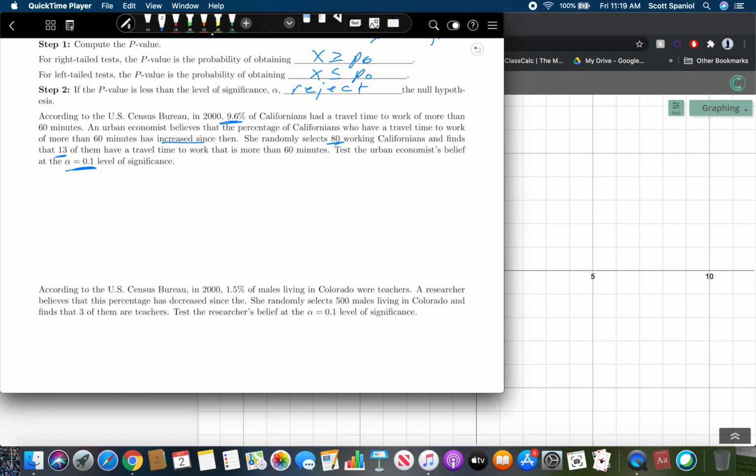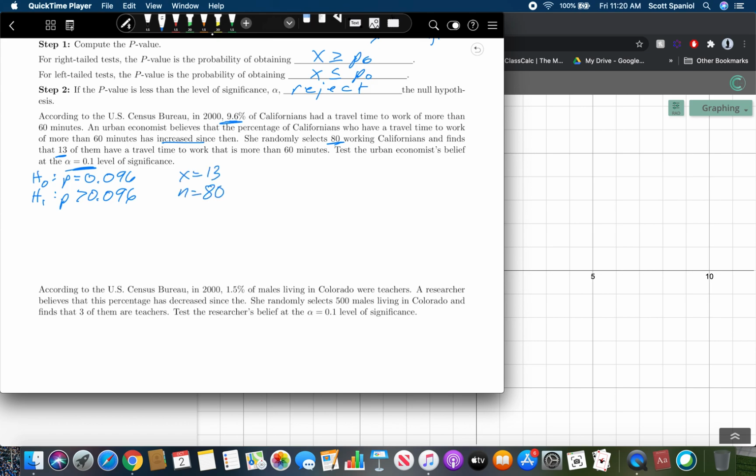Okay, so start out by writing your hypotheses. H naught: p equals 0.096. H1: she thinks it's increased, so p is greater than 0.096. Now in this case, our x is 13 and our n is 80.